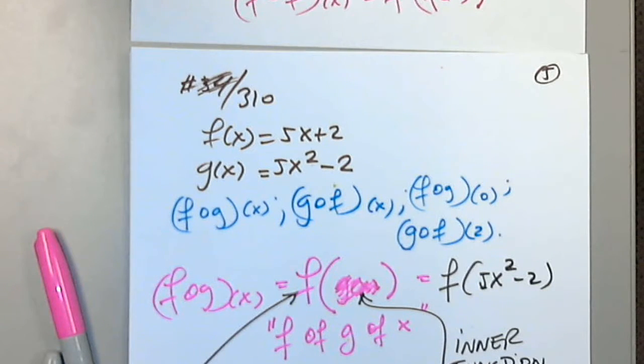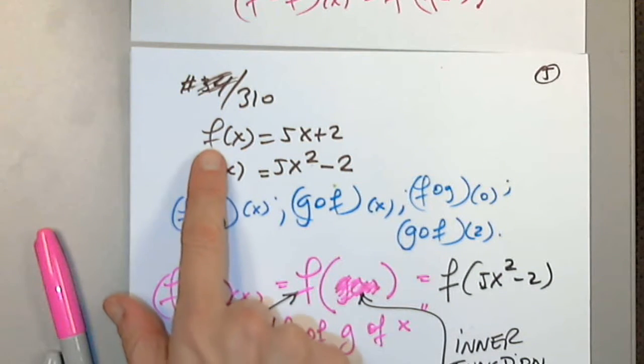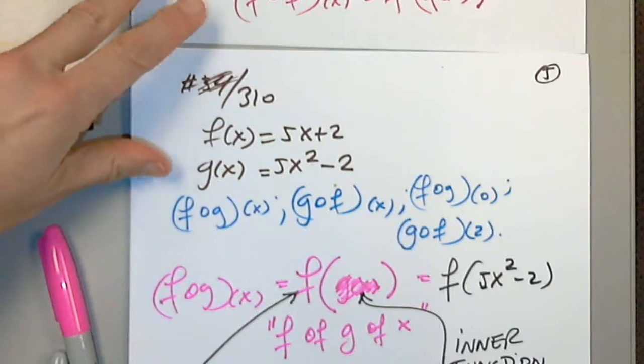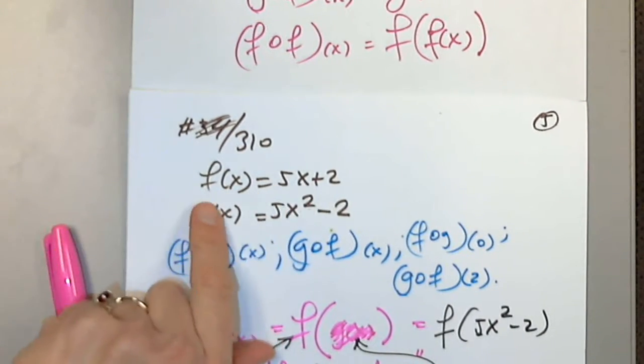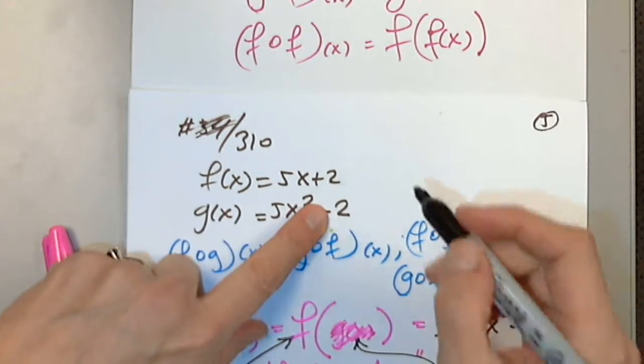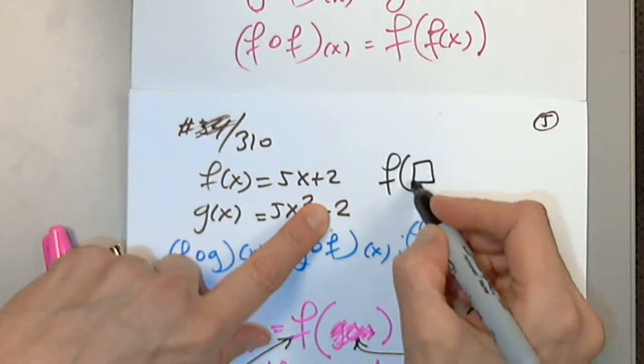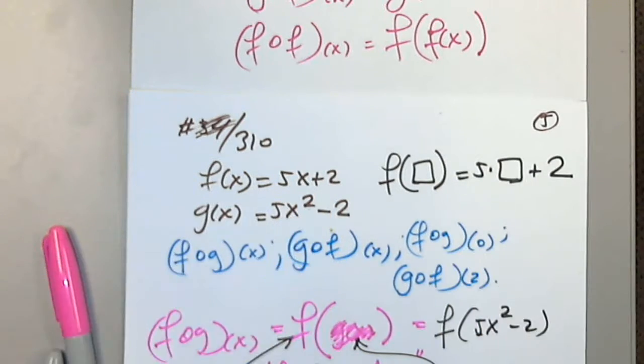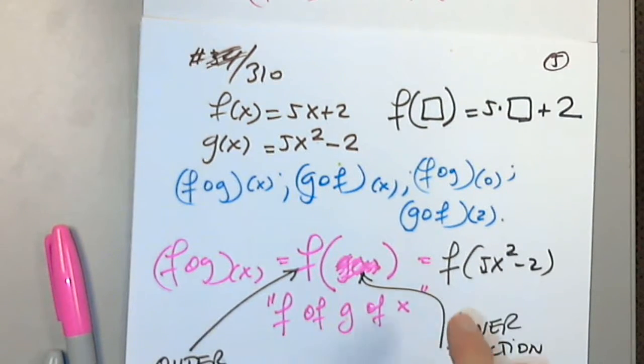Perfect. Now I stop for a moment and look at f. Remember what f is telling us. I'm going to write it on the side. When you give me this function, this is what I see. f of whatever equals 5 times whatever plus 2. Therefore, f of whatever, we've done this with f of x plus h in the difference quotient.